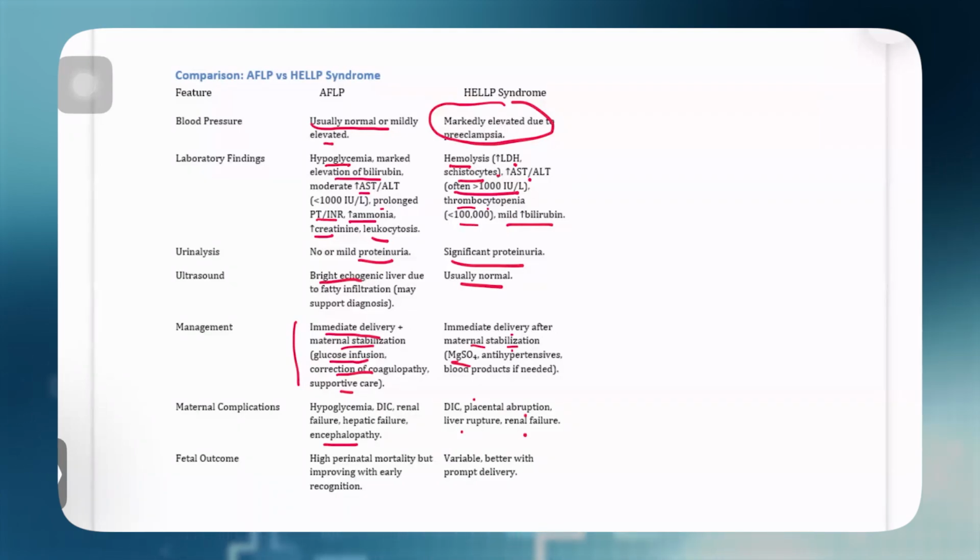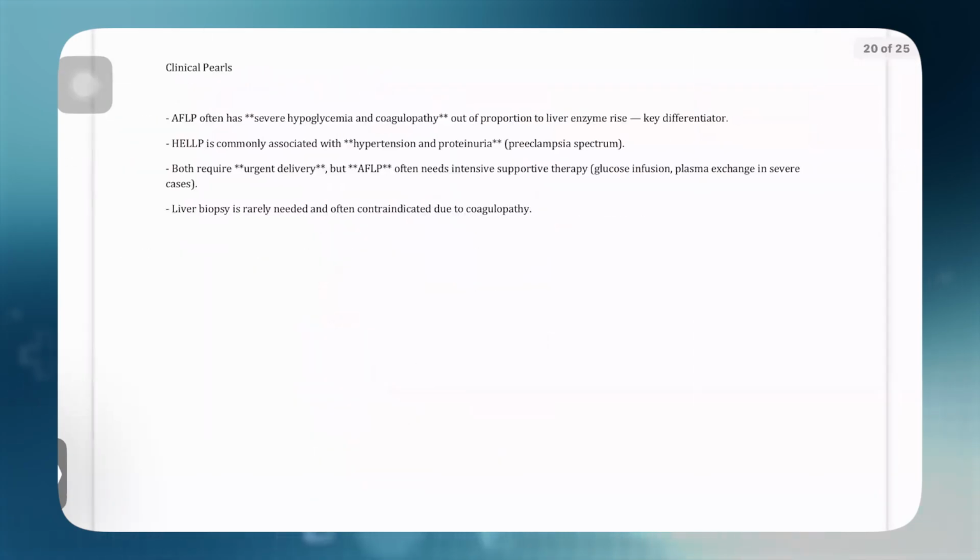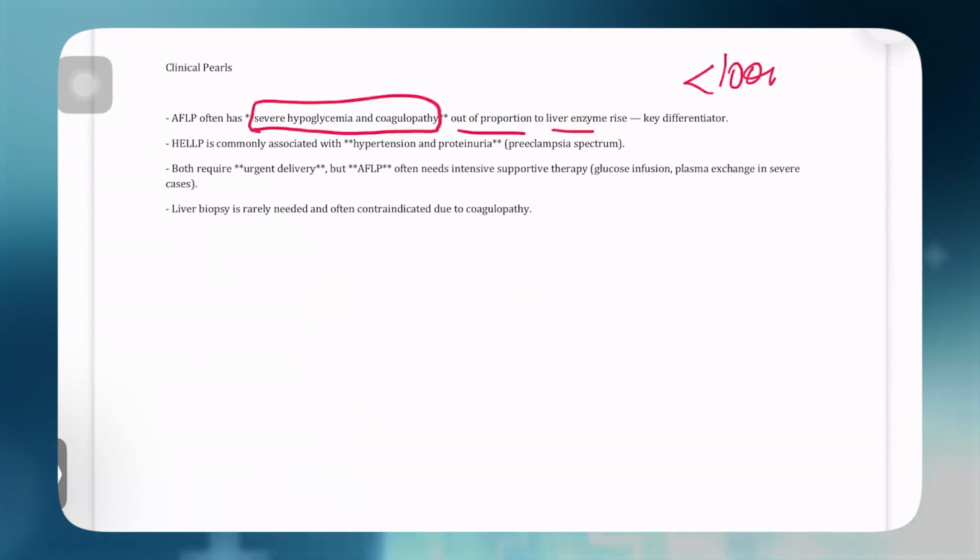Fetal outcome: high perinatal mortality in AFLP, which improves with early recognition, whereas in HELLP syndrome, if you deliver the baby, everybody is safe: doctor, patient, and the child. Clinical pearls to remember: AFLP often has severe hypoglycemia and coagulopathy out of proportion to liver enzymes, which are less than 1,000.